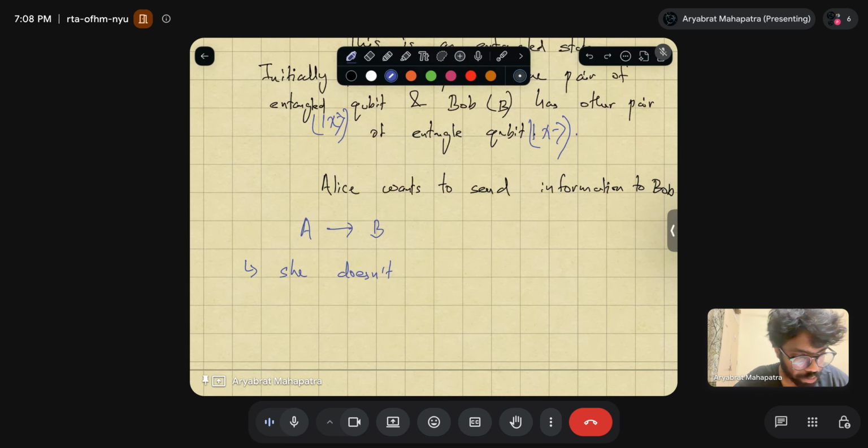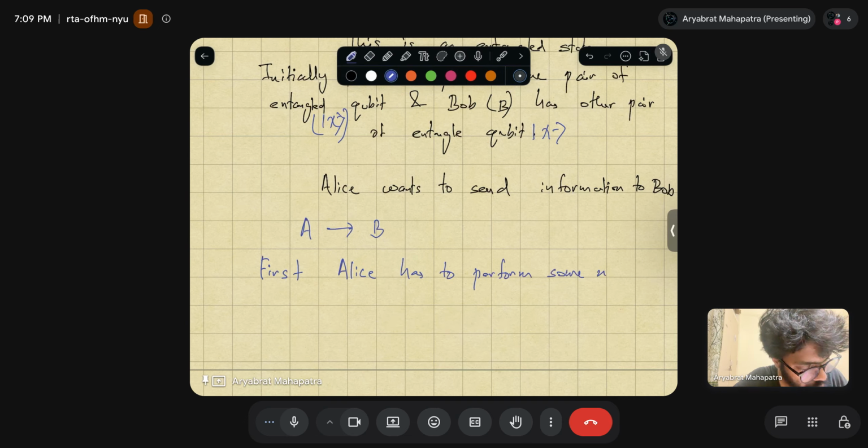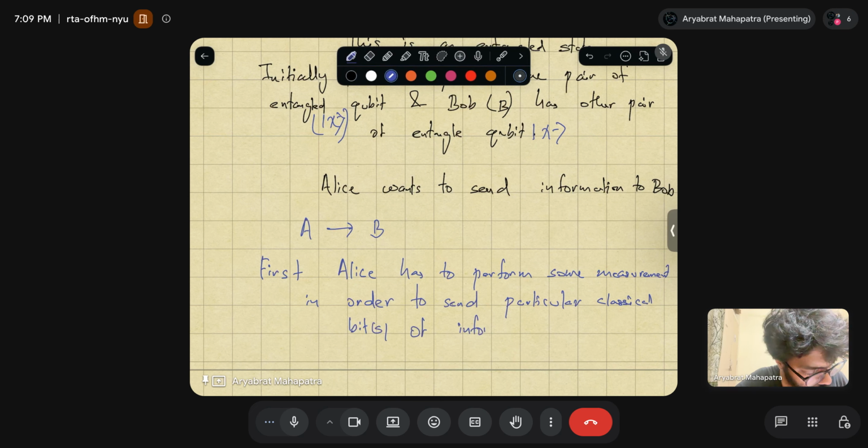So first, let's say Alice wants to send this information. First, Alice has to perform some measurement in order to send a particular classical bit or bits of information to Bob.